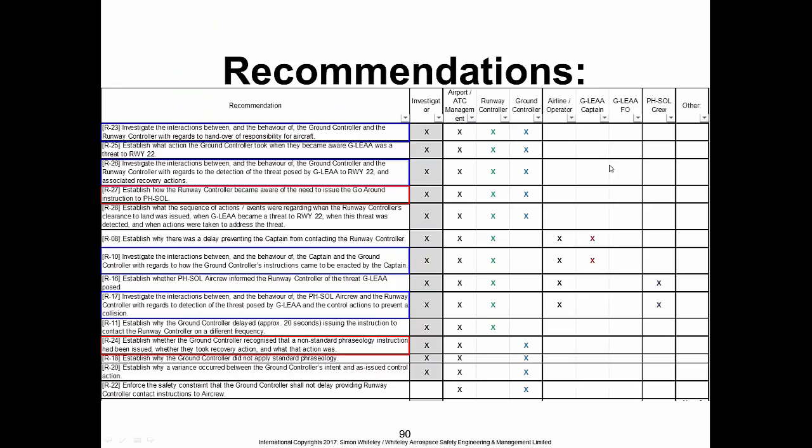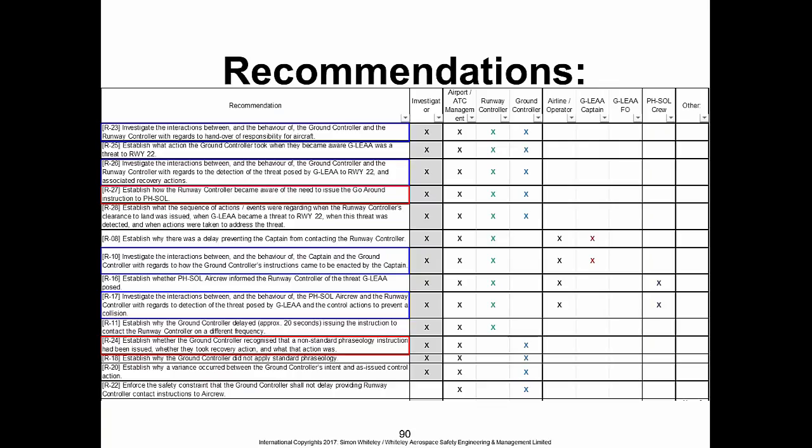Okay, so recommendations, right. There are 31 recommendations that came out of this CAST accident analysis review. So you'll be wondering, well, Simon, how the heck did you generate 31 recommendations from a 5-page report?